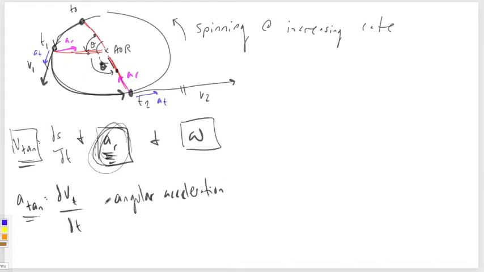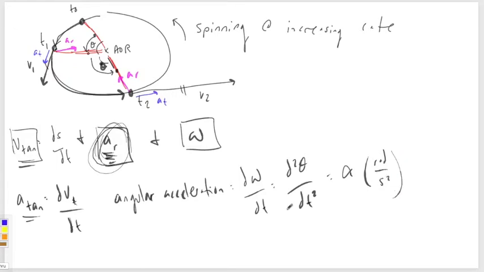Please do not. Angular acceleration is the rate of change of angular velocity with respect to time, or the second derivative with respect to angular position. Okay, we give it the Greek letter alpha, and of course it has units radians per second squared.